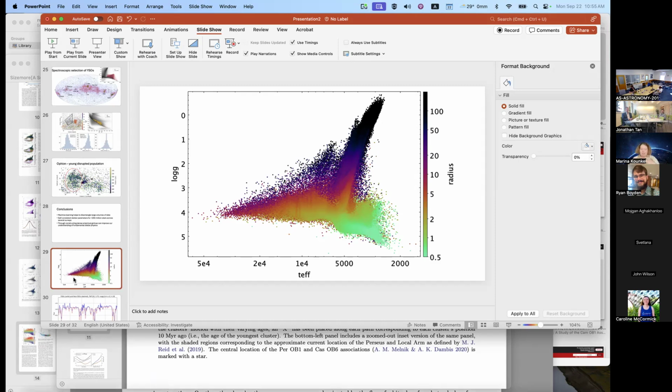So we can fit the underlying SED using the templates for the temperature and surface gravity, and if we have the parallax, if you know the distance towards these stars, we can measure extinction and the radius of the individual stars. Here all of the sources are color-coded by the radius. And if we have radius and surface gravity, we can also infer the mass.